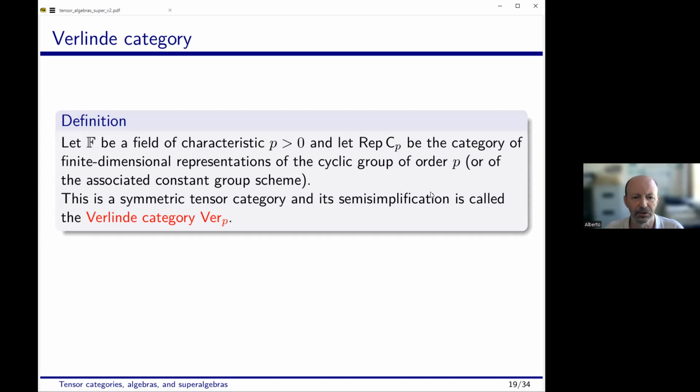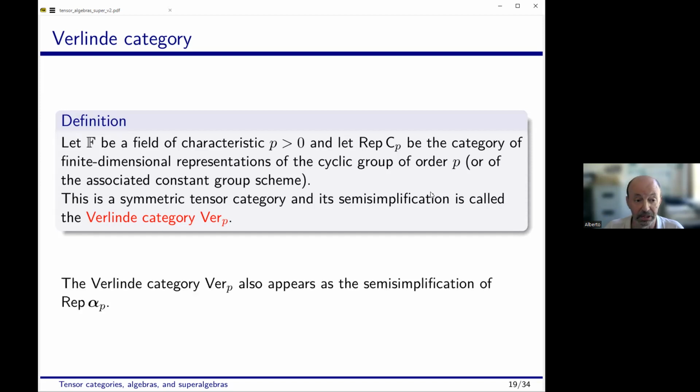If we impose several natural restrictions on our symmetric tensor category, then it tends to be equivalent to a category of representations of either affine group schemes or group super schemes, but this category cannot be presented in this way. This Verlinde category also appears as the semi-simplification of the representations of the Frobenius kernel. That's why what Arun Kanan did and what I'm going to talk about are relatively equivalent, but working with holomorphisms is nicer than working with nilpotent derivations. Okay.